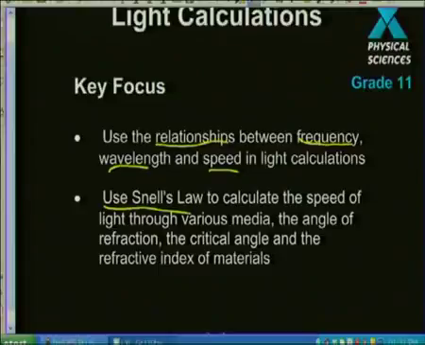We're going to use Snell's law to calculate the speed of light through various media, that's different materials. We're going to use it to calculate the angle of refraction, the critical angle, and the refractive index of various things. Now, this session is a build on from our previous session where we looked at all the different amazing properties of light.